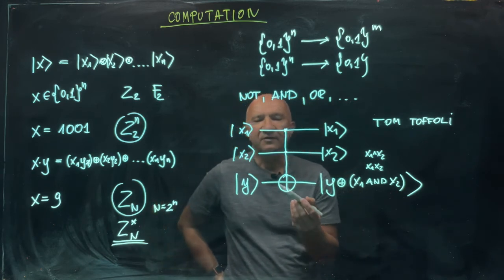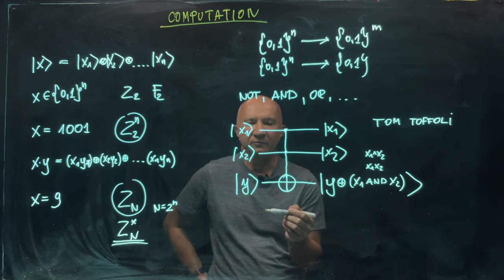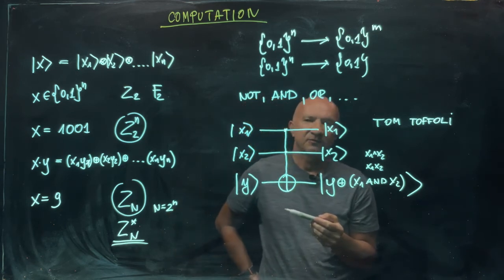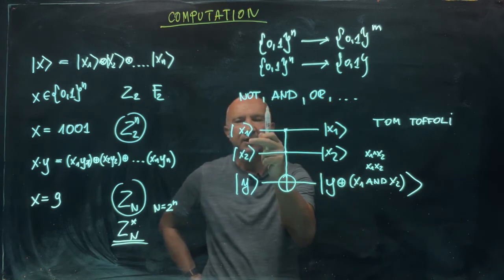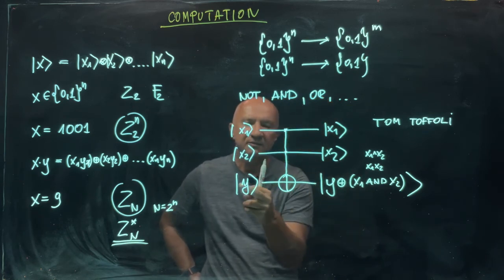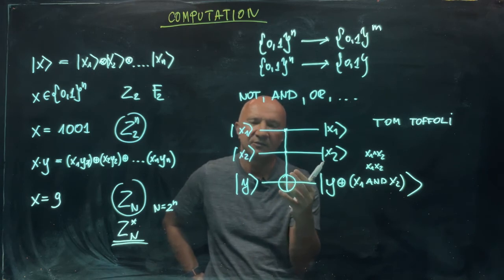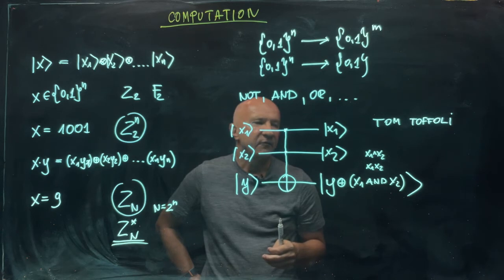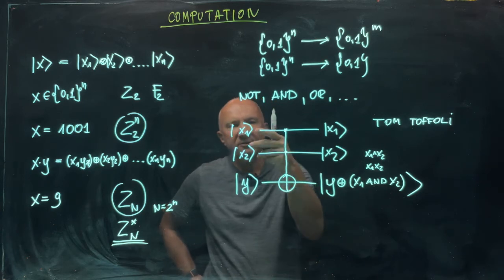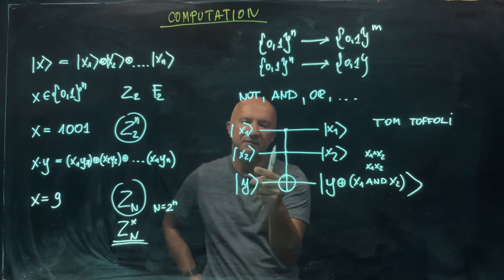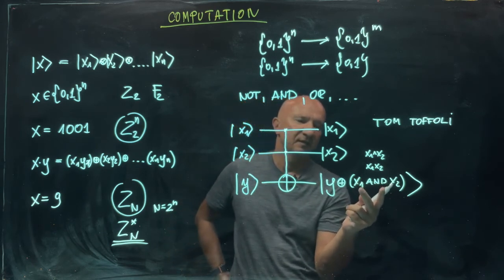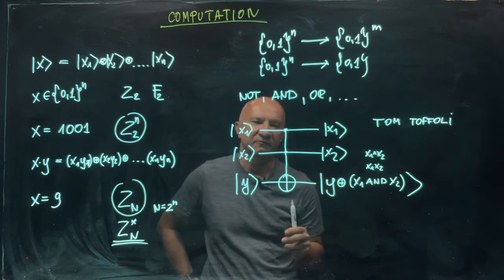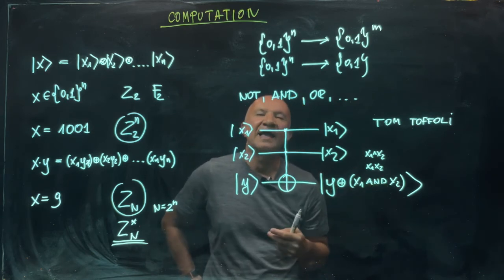If you set x1 and x2 both equal to 1, then this gate essentially performs a NOT operation on the third bit. And if you want to perform the logical operation AND on x1 and x2, you set this one to 0, and then at the output on the third qubit you have the value of x1 AND x2.